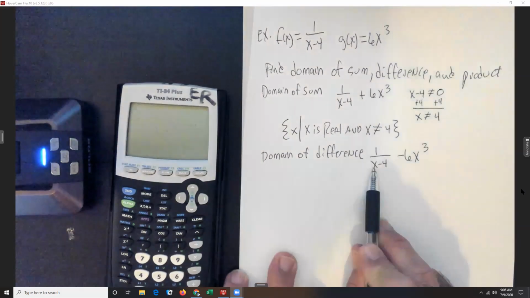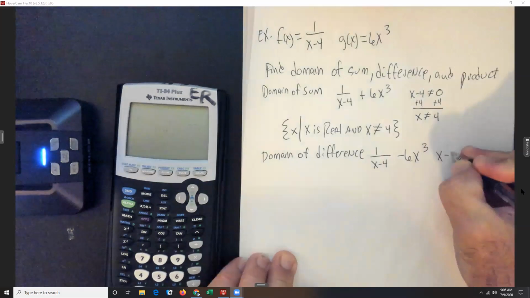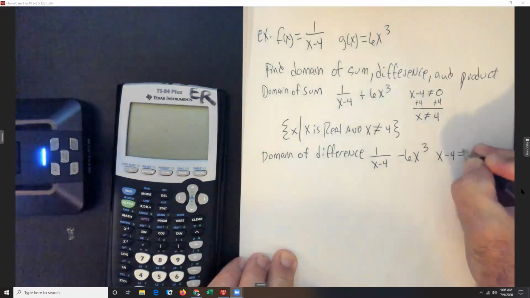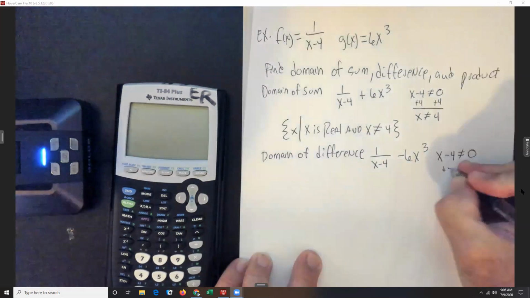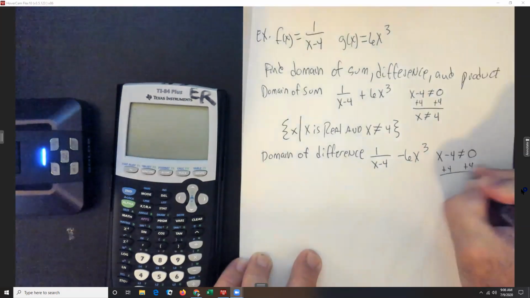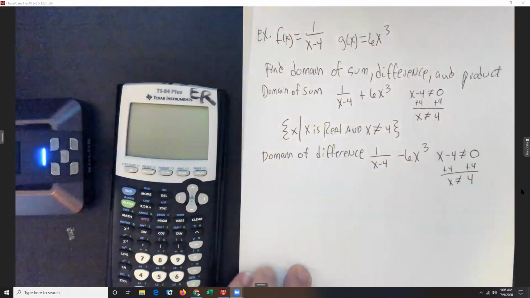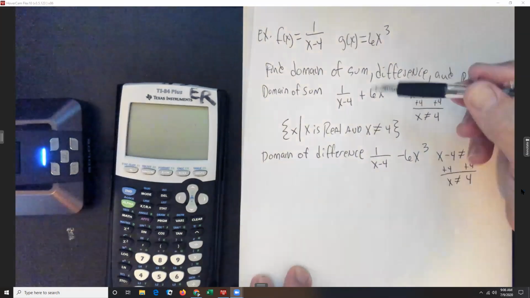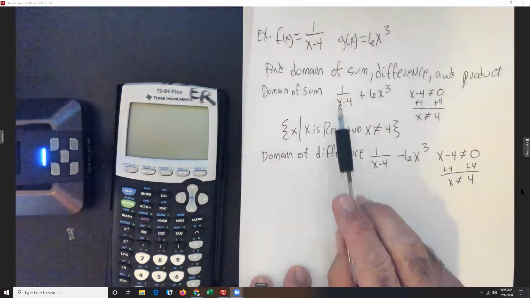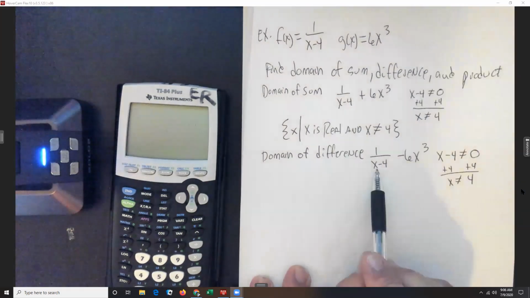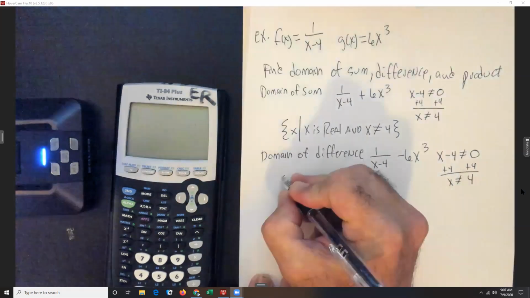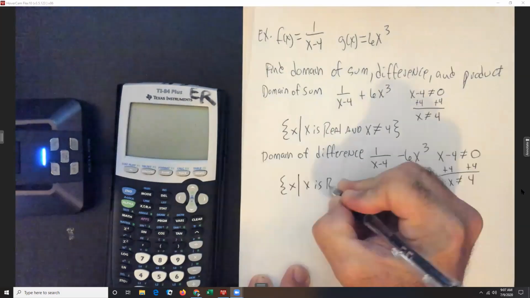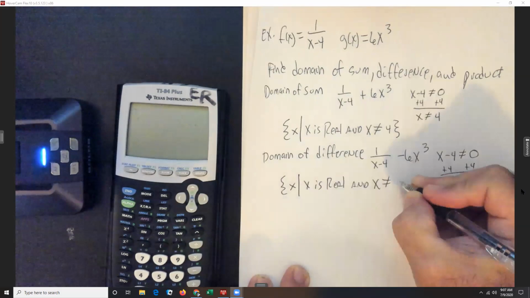So I know that the bottom, x minus 4, cannot equal 0, and I'm going to get the same number. So I add, and I get x cannot equal a positive 4 again. Whether it's adding or subtracting, the x on the bottom cannot equal a 4. So here we go: x such that x is real and x cannot equal 4.